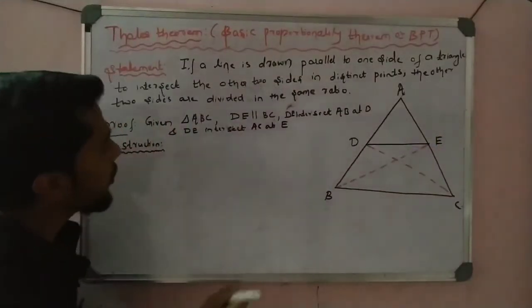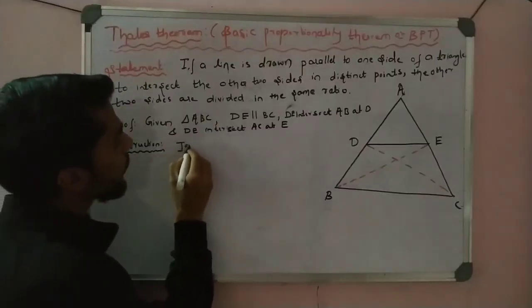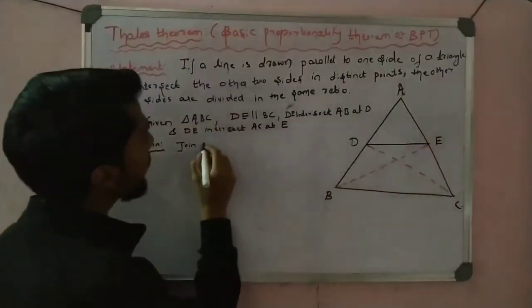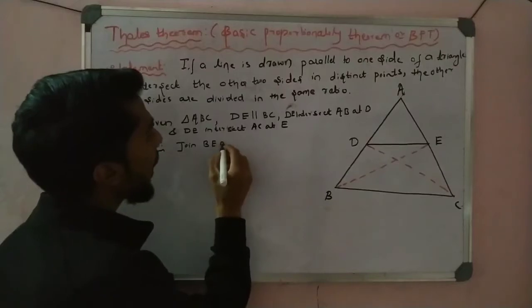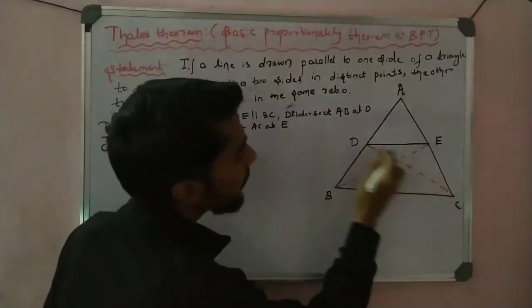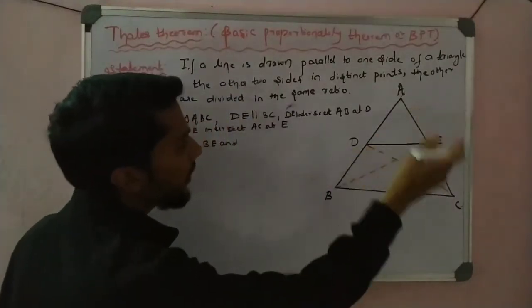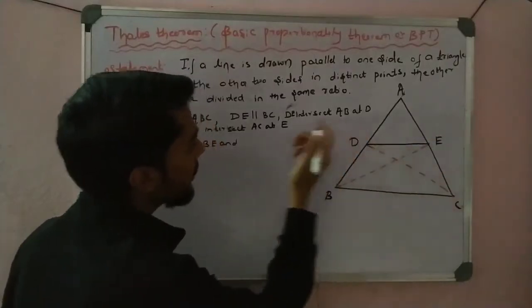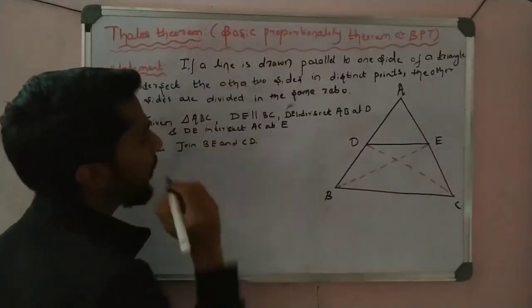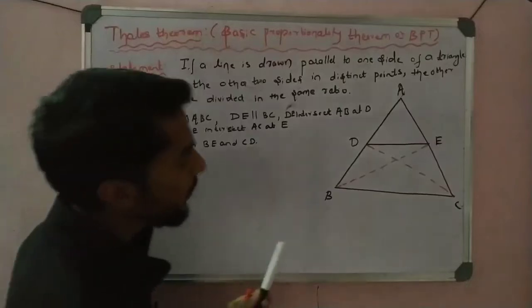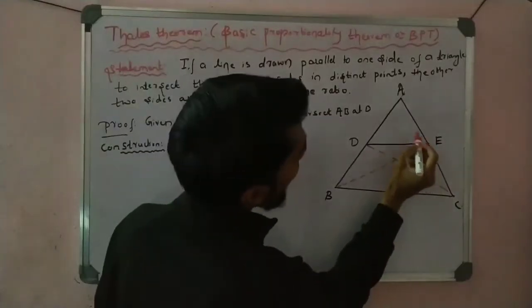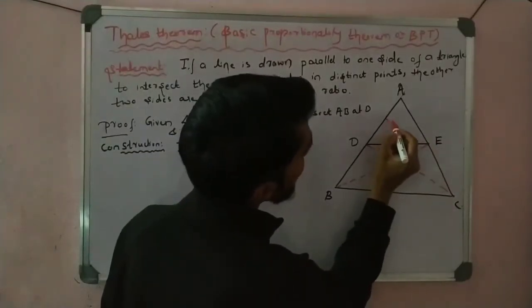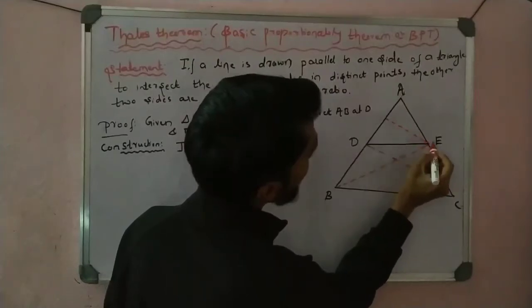What I do here: join BE and again CD, or DC, anything. ABE and CD, right? One construction. Again I can draw, see here, this EF.